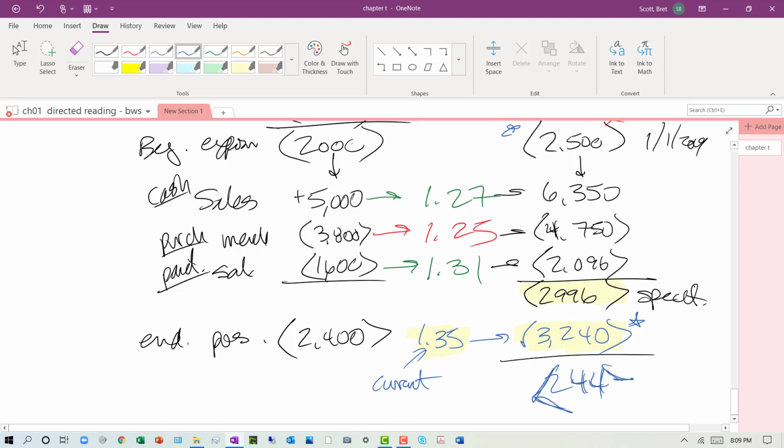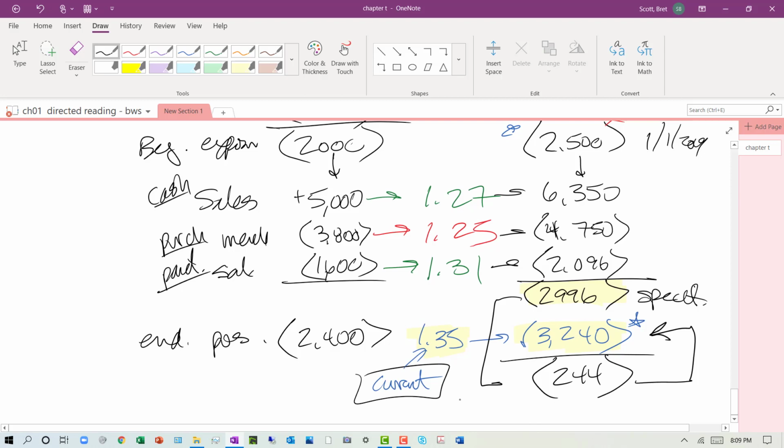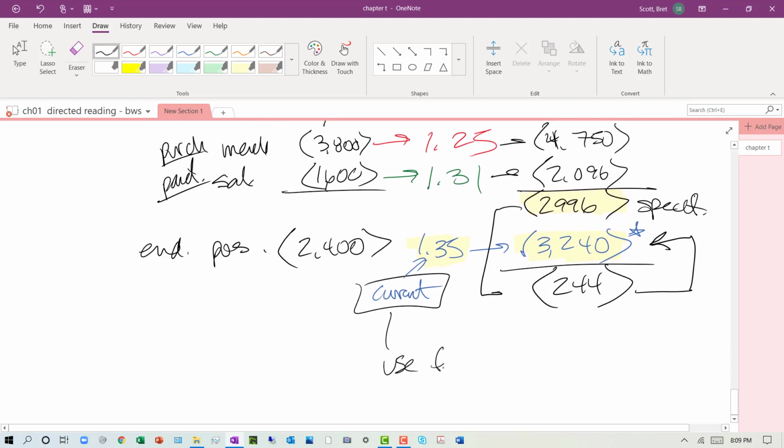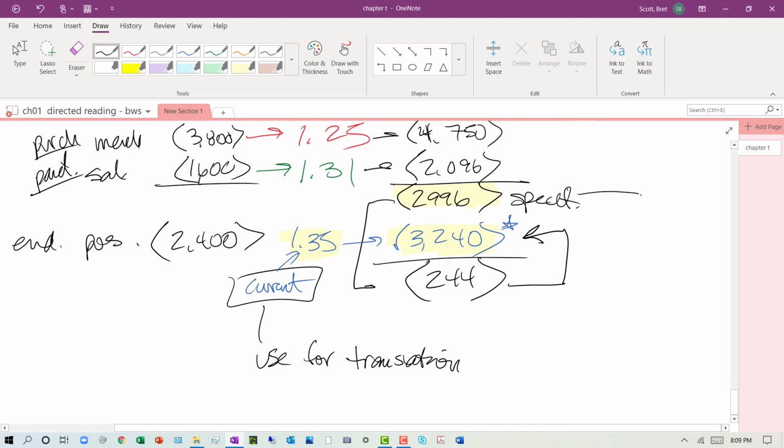I need to take my 2996 and increase it by another 244, so that I can equal this ending position, 3240. 3240 is what I use. But my true exposed position, my true change on an item by item basis, this is my true ending position. That requires me to make an adjustment of 244.